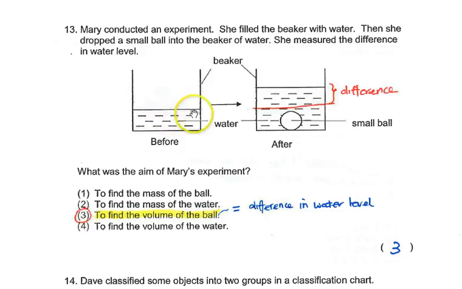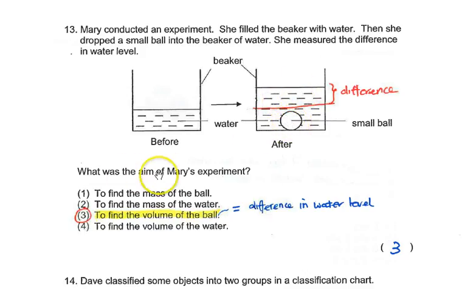Here it is low and it raises up this way. From now you should be able to know that the volume that increased in water level, from this level to this, is the same volume as the volume of the ball. It measures the volume of the ball.